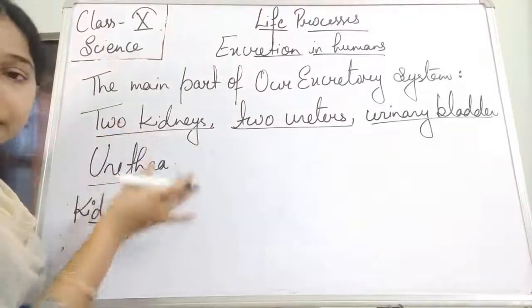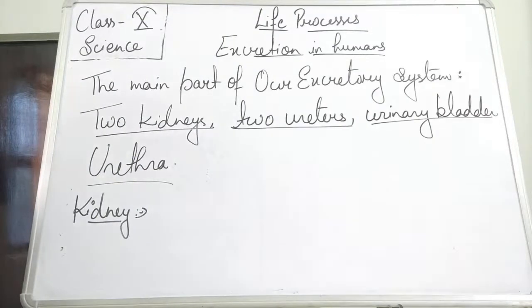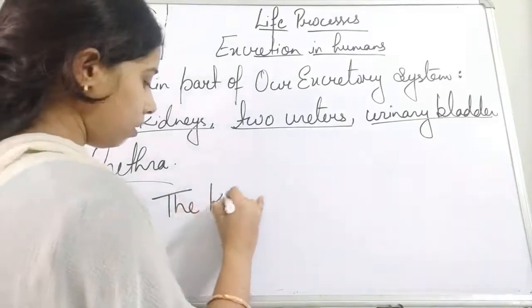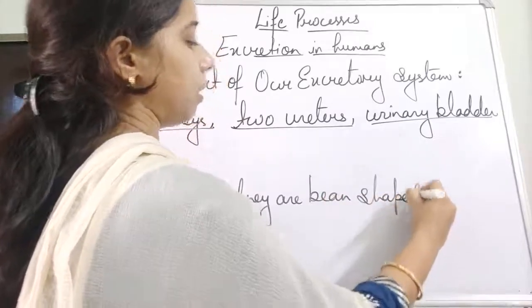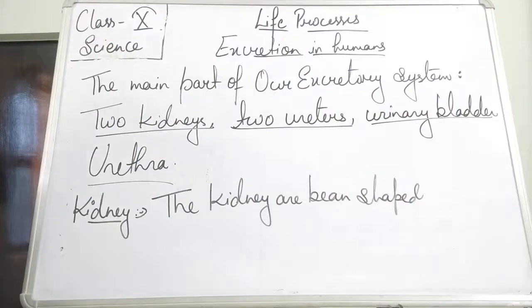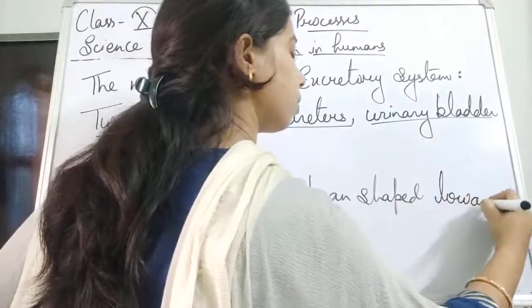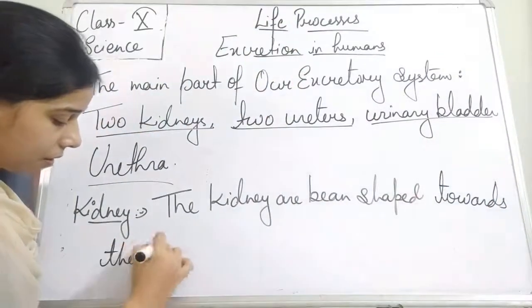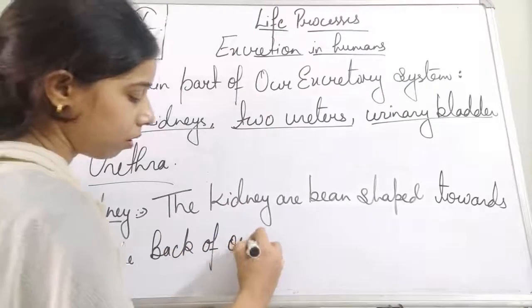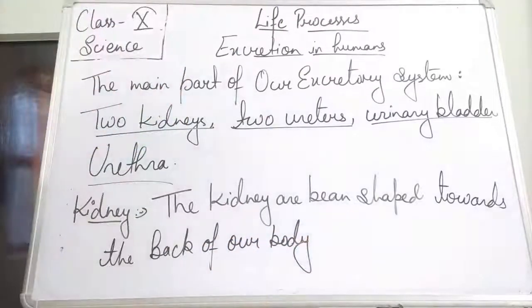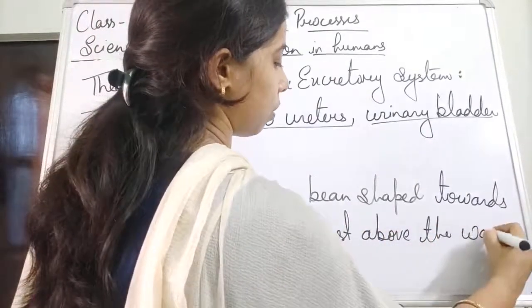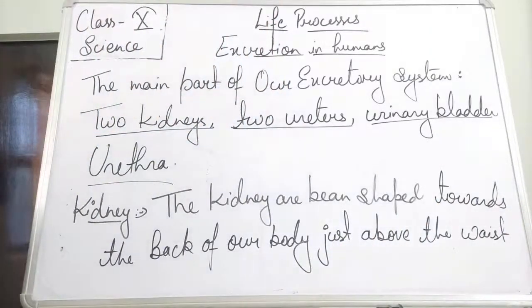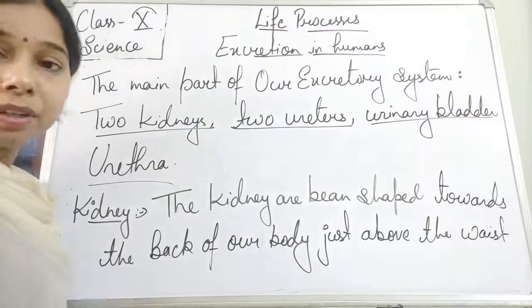I hope you have understood, it is two kidneys. The kidneys are bean shaped, towards the back of our body, just above the waist. Every person has two kidneys.